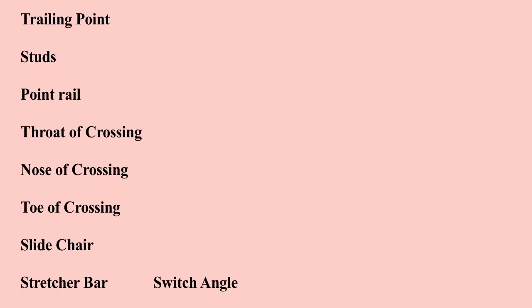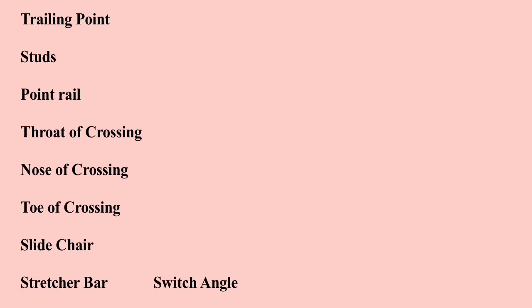Throat of crossing. This is the place where the converging rails are at the nearest position. Nose of crossing. It is the point of intersection of point rails and splice rails. Top of crossing. It is the end point of a wing rail with the lead rail. Slide chair. These plates are used to support the tongue rail throughout the length and permit them to slide easily.